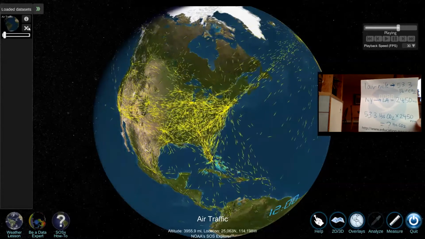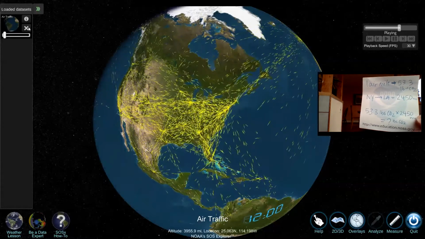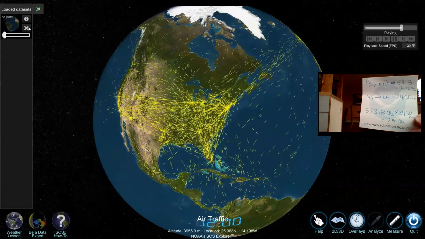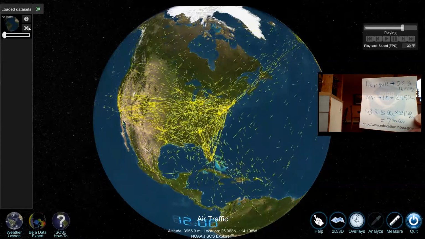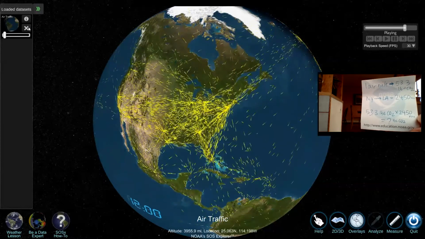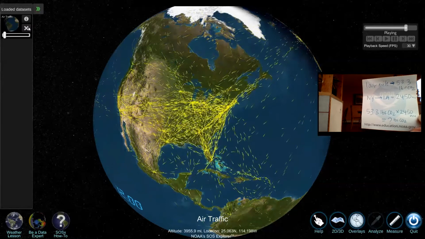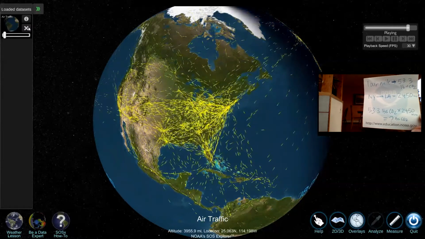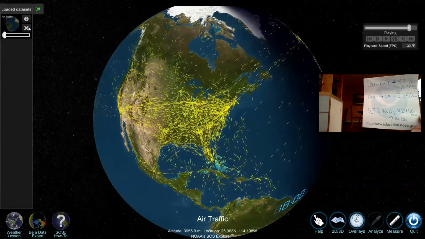So 1 air mile produces 53.3 pounds of carbon dioxide. New York to Los Angeles is 2,450 miles. And so our equation is 53.3 pounds of carbon dioxide times 2,450 miles gives us how much for that one flight?